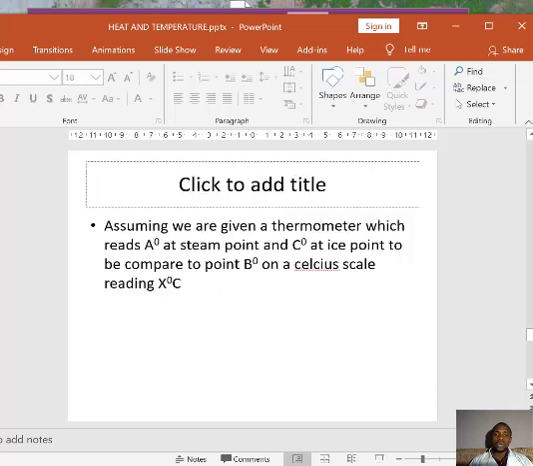Now, let's look at how we can convert one temperature scale to another.